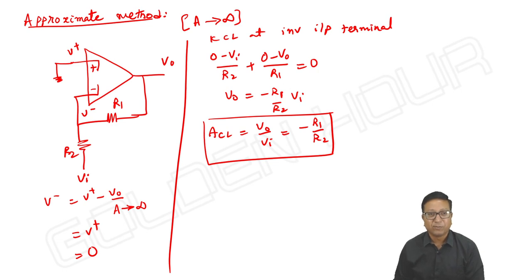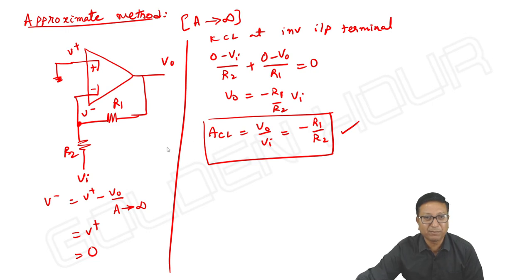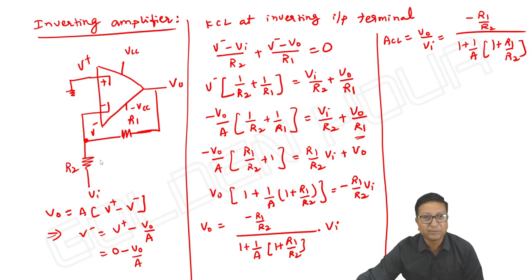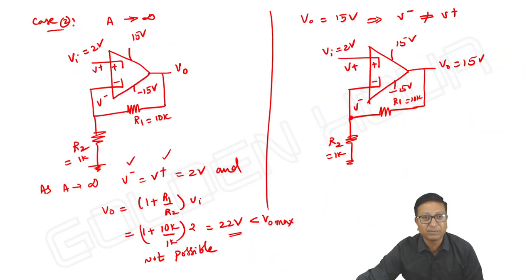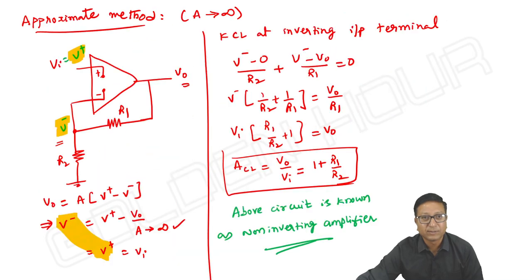We applied the virtual short, then simply took the node equation at the inverting terminal, and we got the result. Even previously, the same thing in the non-inverting amplifier with the approximate method: I applied the virtual short, then applied KCL at the inverting input terminal.